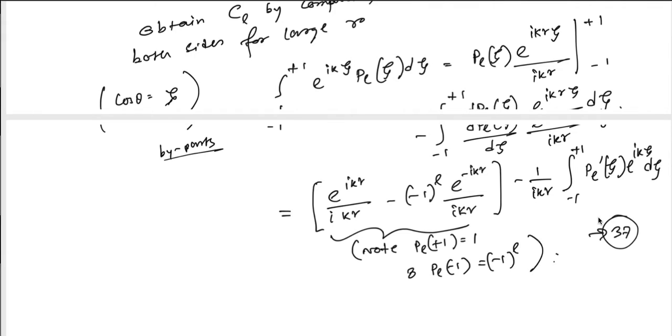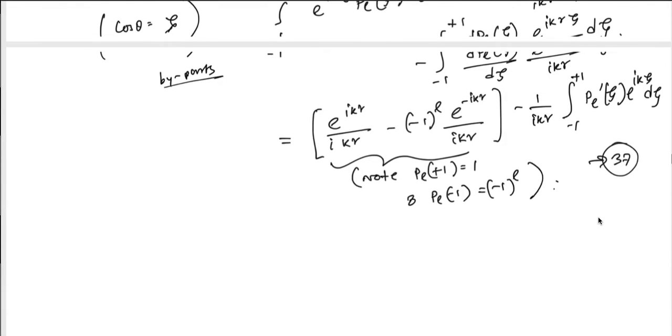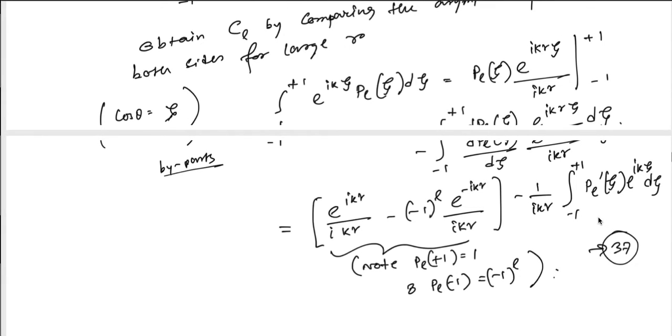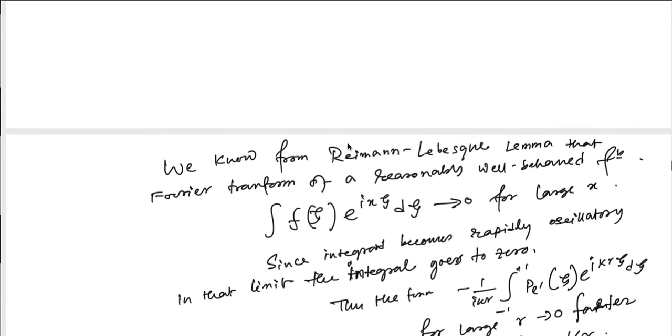Now, note in the last step we have used these forms of the Legendre polynomial, that is P_L(1) is 1 and P_L(-1) is (-1) to the power L. And we know by the Riemann-Lebesgue lemma that the Fourier transform of a reasonably well behaved function goes to 0 for large x.